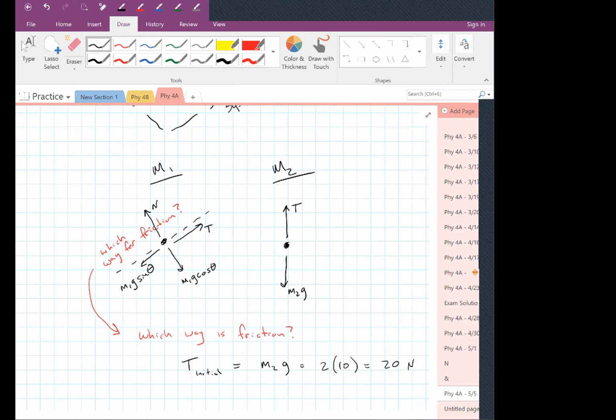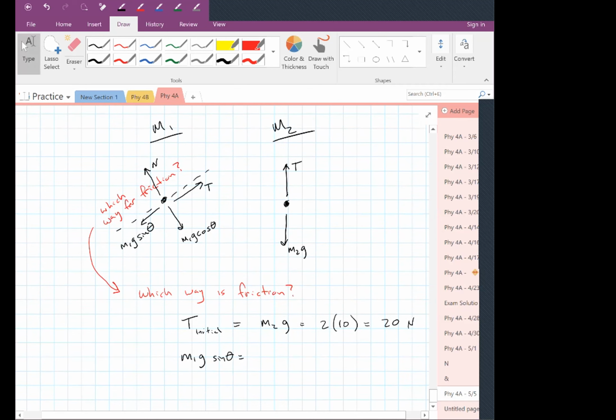So now we need to see what M1g sine theta is. So that's 20 times roughly 10. Sine of 30 degrees is a half. 100. Is that right?